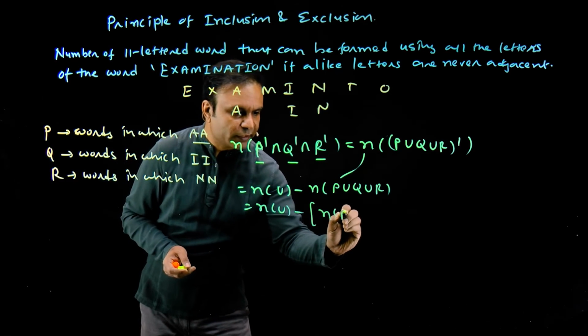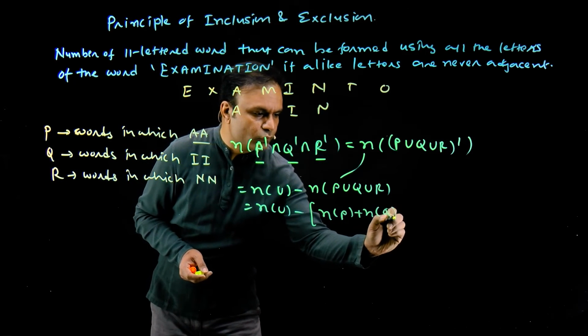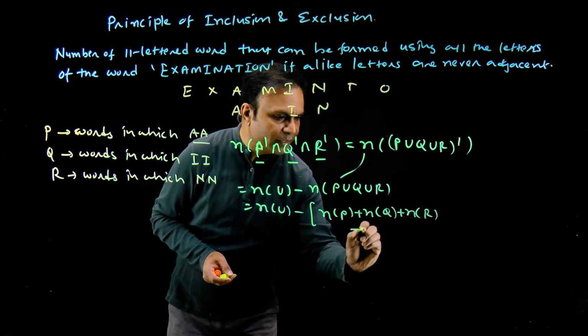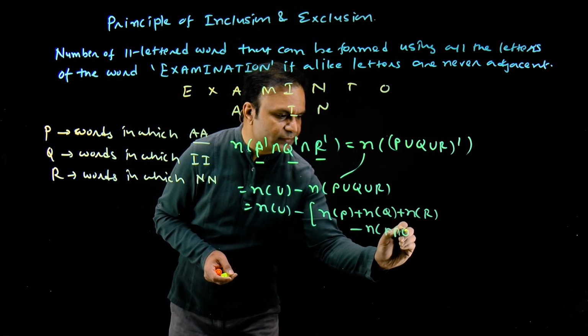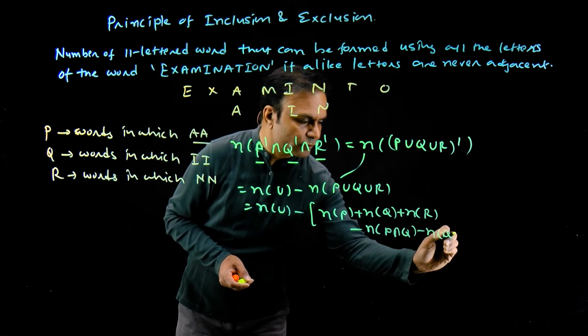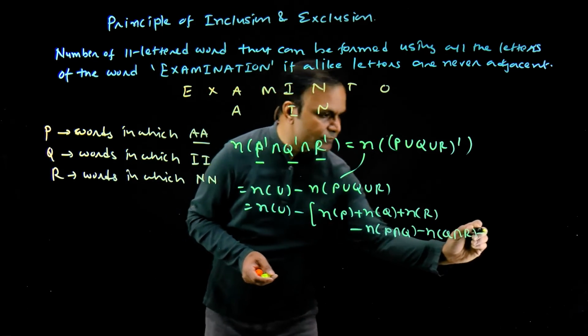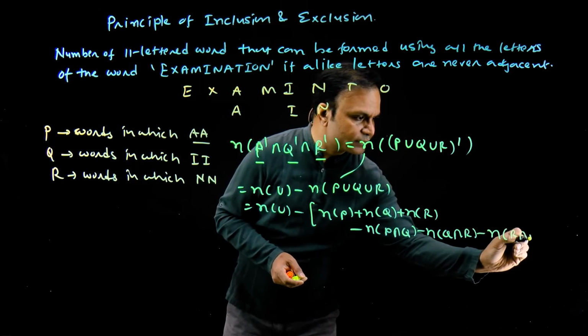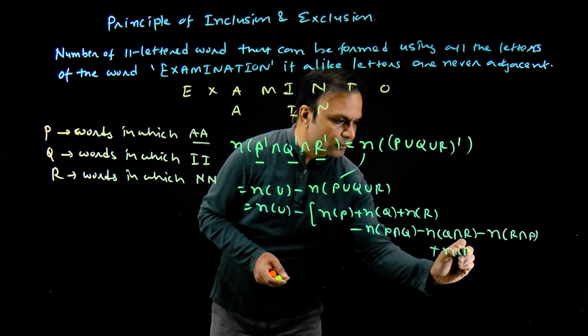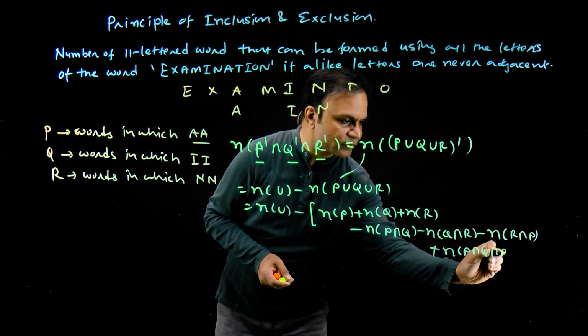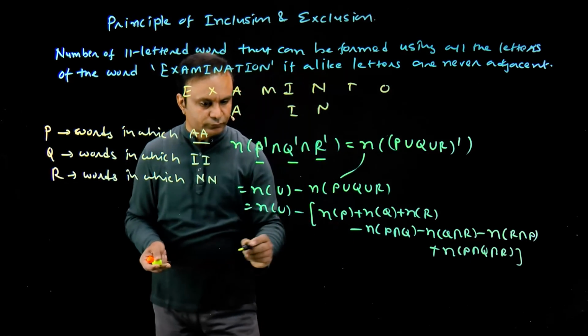This is NP plus NQ plus NR minus P intersection Q minus Q intersection R minus R intersection P plus P intersection Q intersection R, like this.